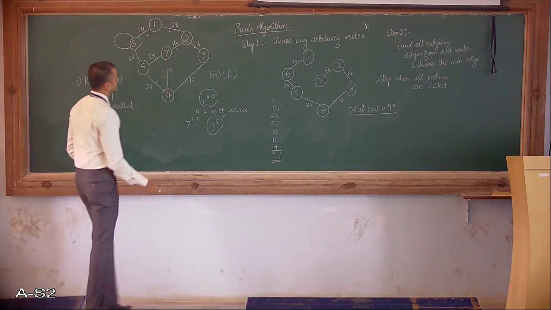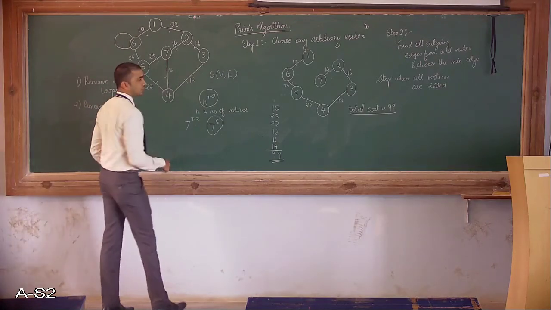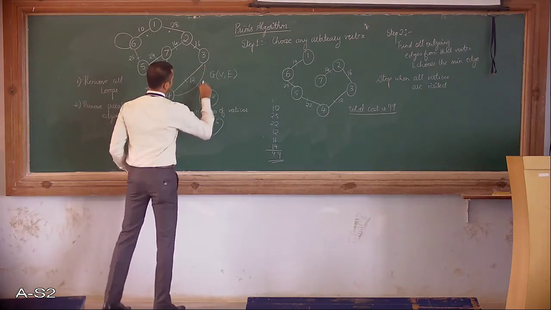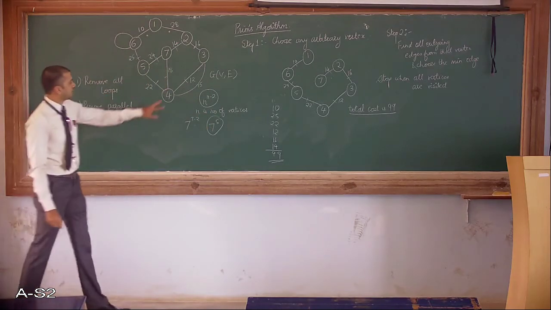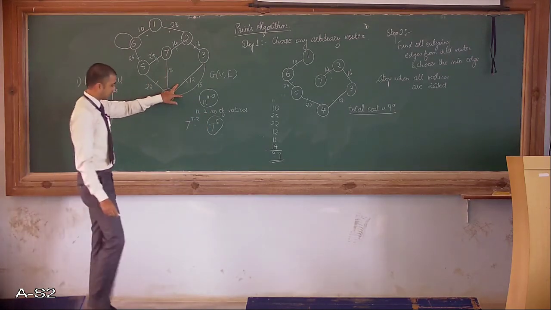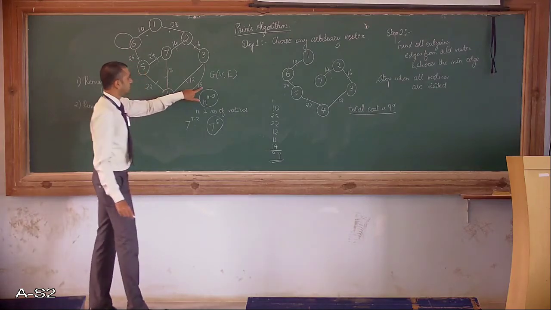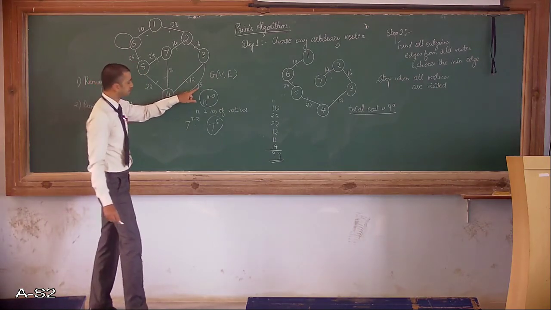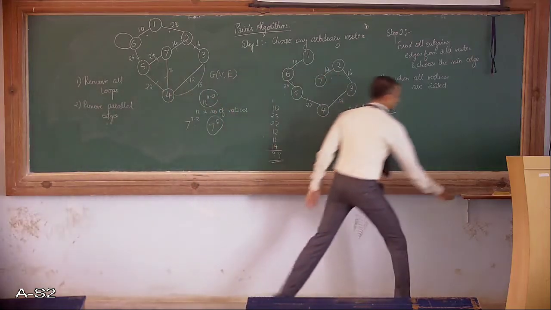What are parallel edges? There is an edge from 4 to 3. If there is another edge like this with a certain cost associated, I need to remove one of them. On what condition do I remove them? I need to remove the edge with the maximum cost. Between 12 and 15, which is the maximum? 15. So I need to remove this.